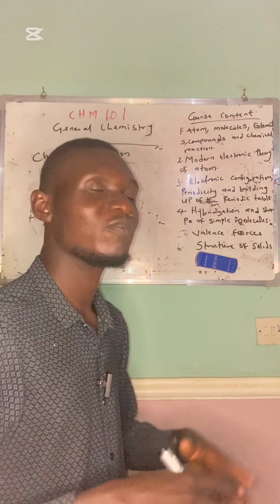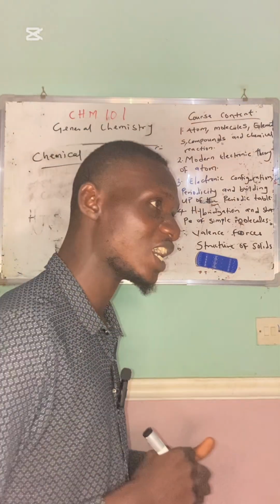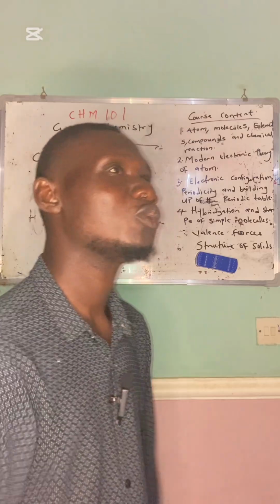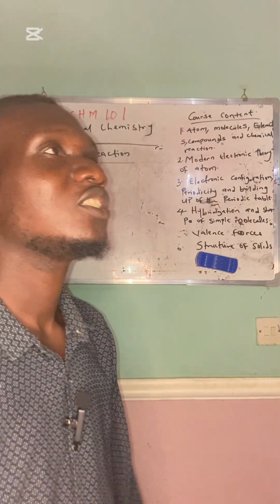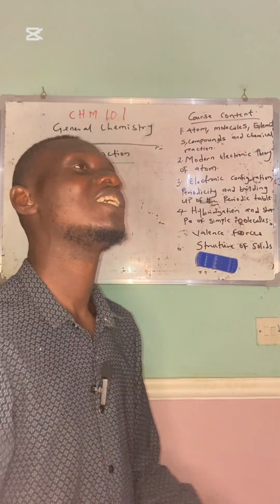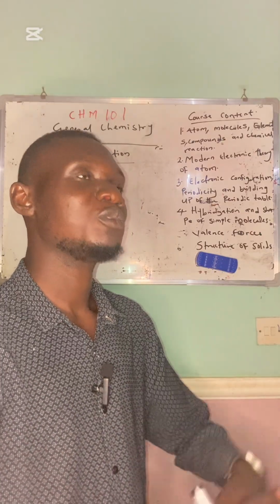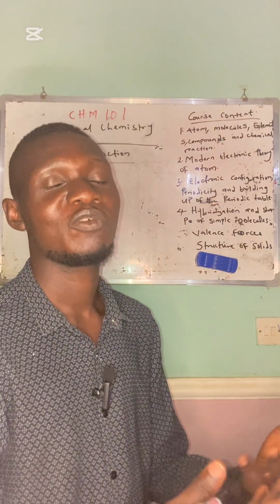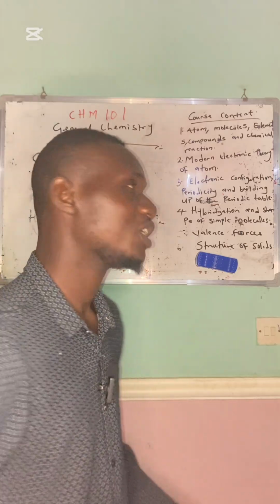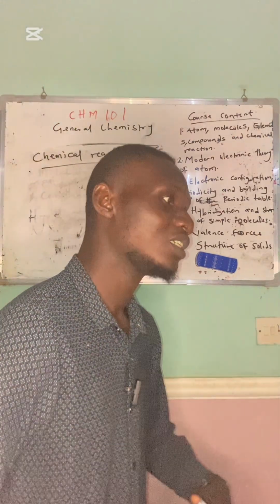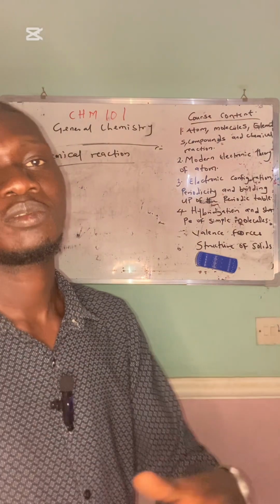And this is informed due to the breaking and the forming of bonds. So no idea of chemical reaction thrives without having to understand that chemical reactions are built around breakage and formation of bonds. So chemical reactions can only be understood based on breakage of bonds and then formation of new bonds.